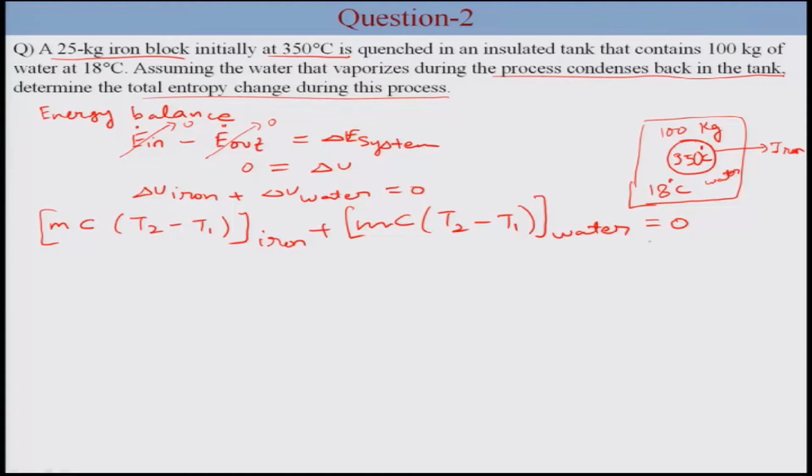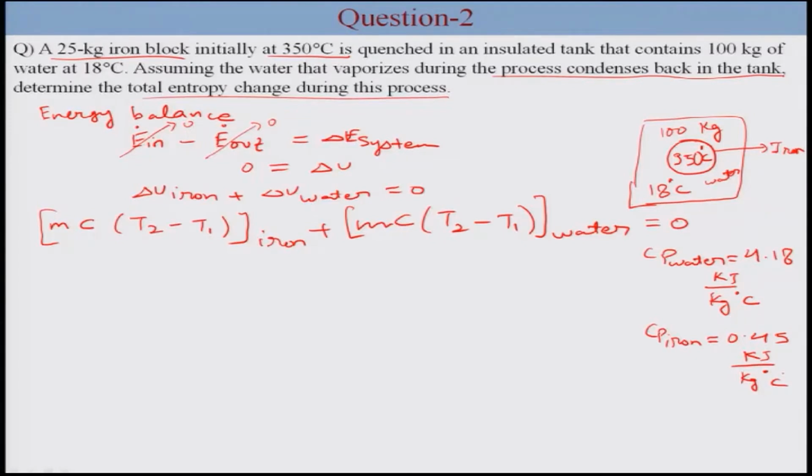Cp for water is equal to 4.18 kilojoule per kg degree Celsius, and Cp for iron is 0.45 kilojoule per kg degree Celsius.